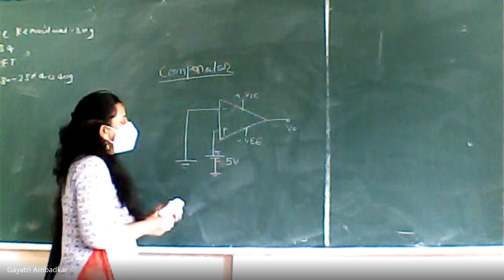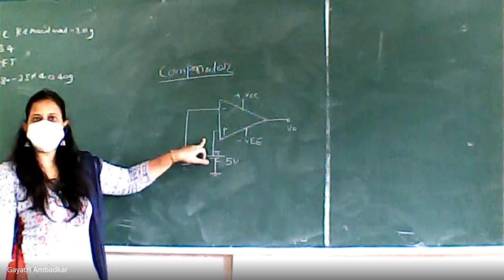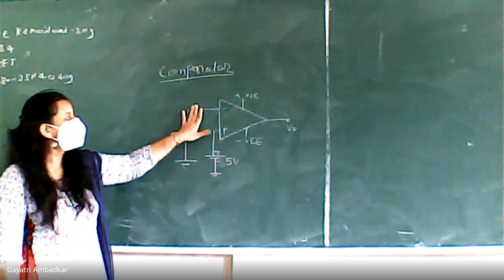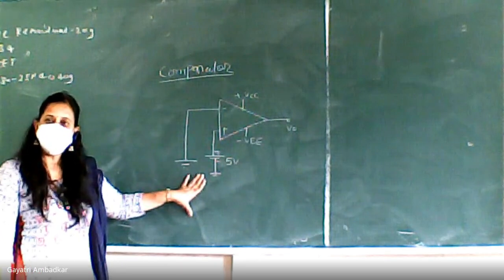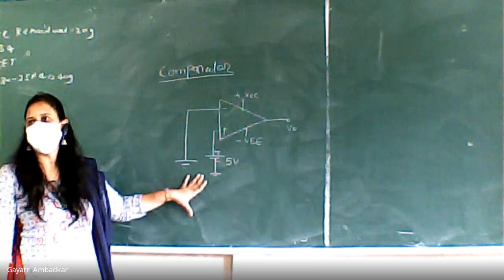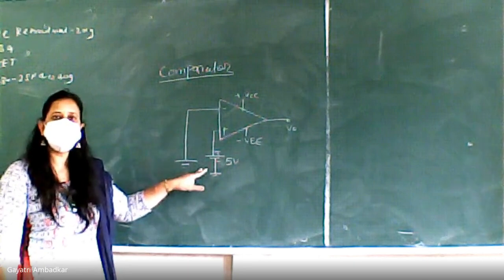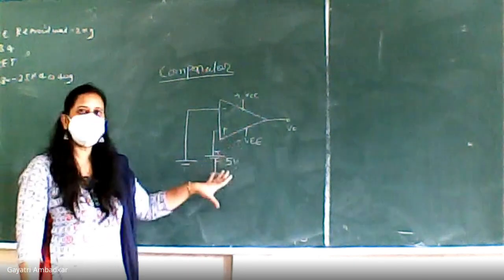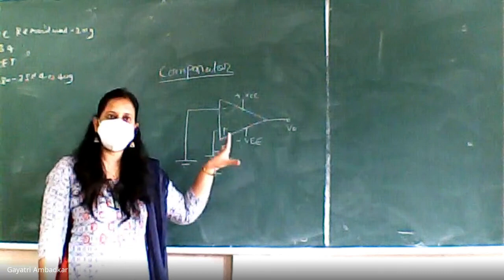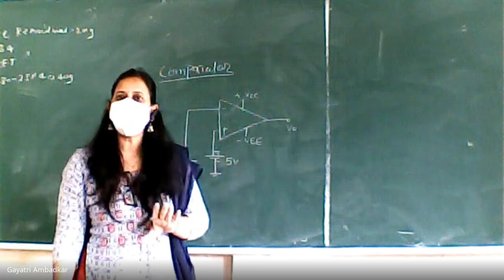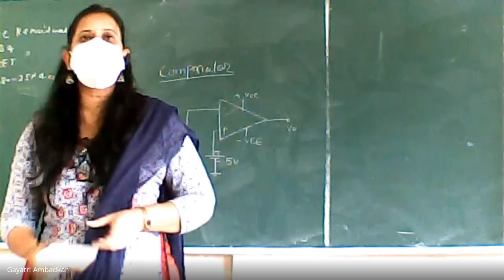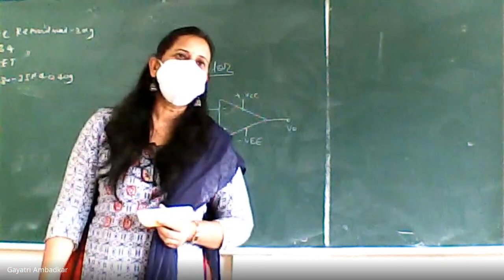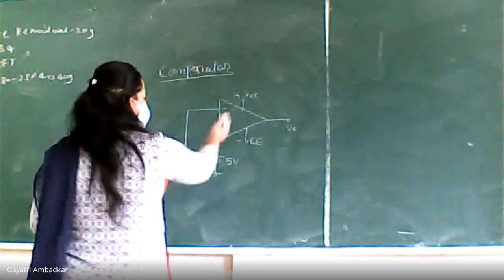The comparator will compare the two signals. In this case, one is 0 volt and another is 5 volt. Whichever is greater, you now know the property of the open loop configuration of op-amp is to give output voltage equal to saturation voltage, because its gain is very high.